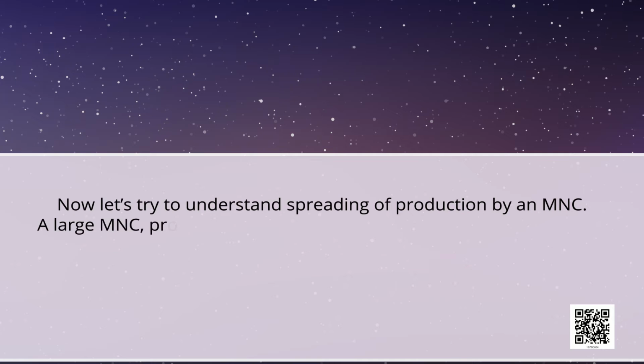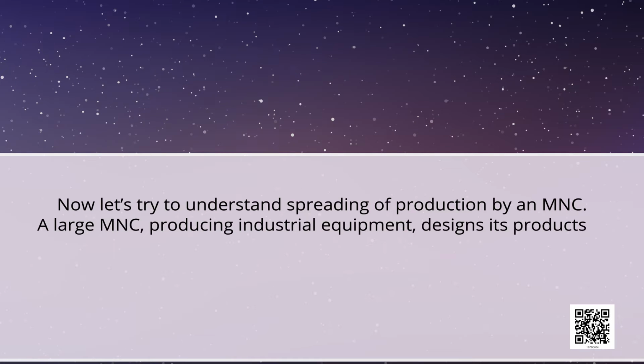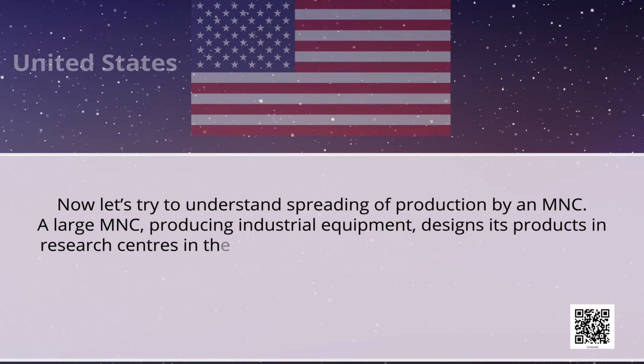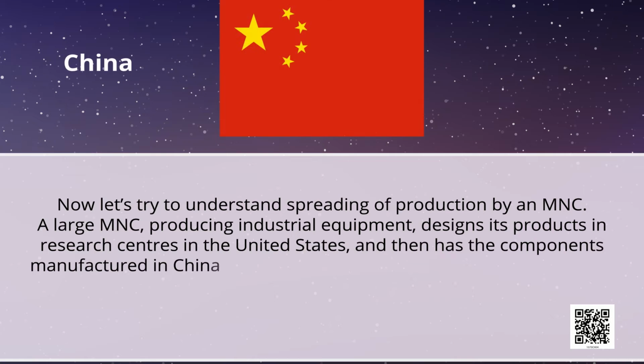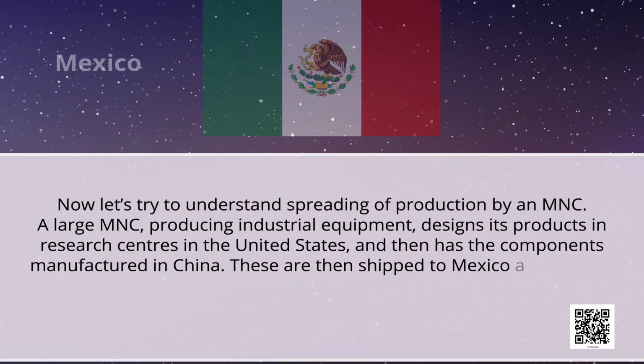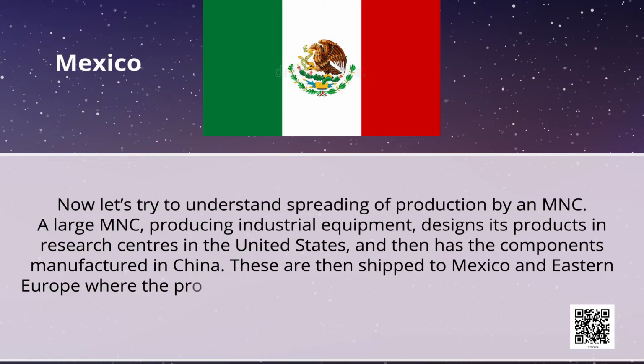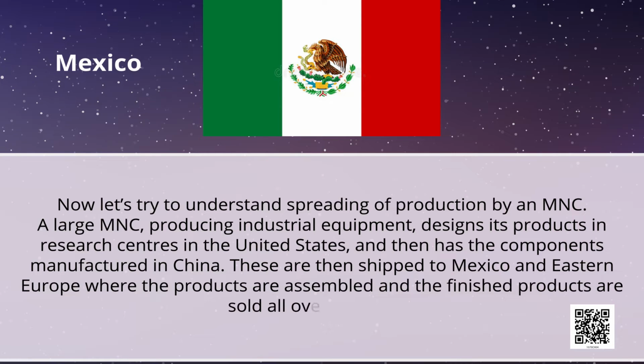A large MNC producing industrial equipment designs its products in research centers in the United States and then has the components manufactured in China. These are shipped to Mexico and Eastern Europe, where products are assembled and finished products are sold all over the world.